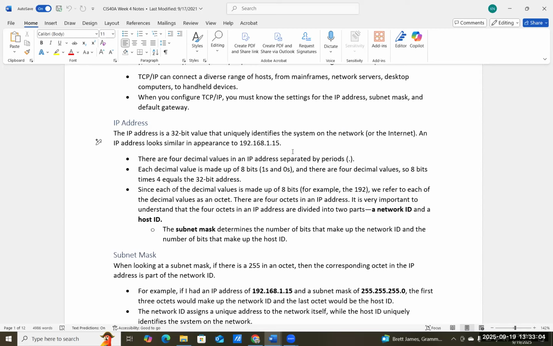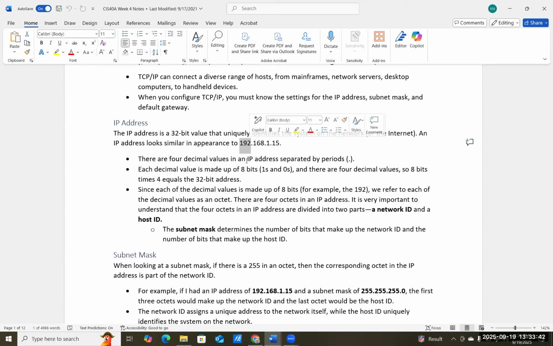So the 192 here is a decimal number. And decimal number is what we use for counting, and math for the most part, when we learn how to count. So that 192 needs to be converted so the computer can understand the binary value of it. So the router, when it sees that IP address, would convert all of that into a binary value.